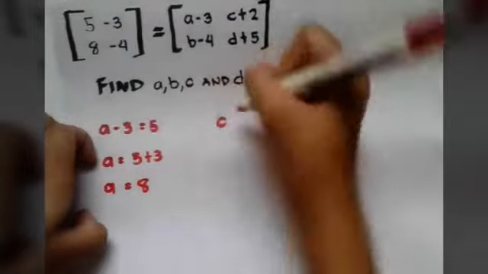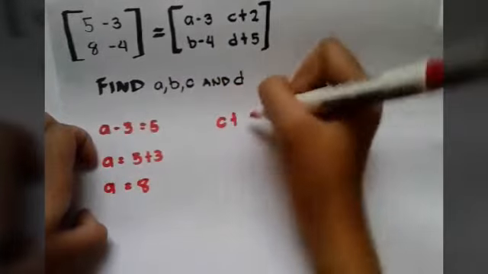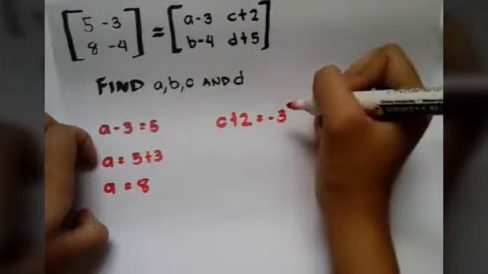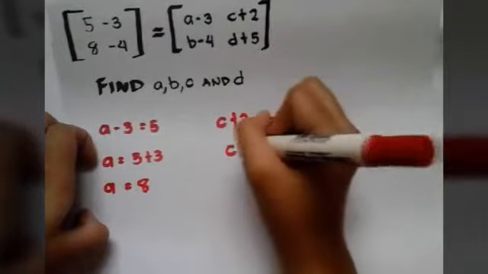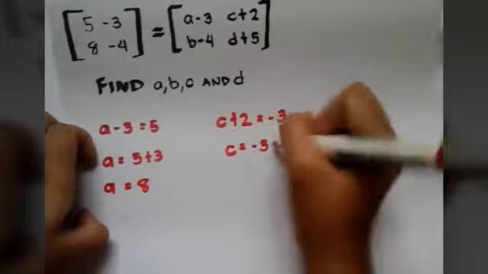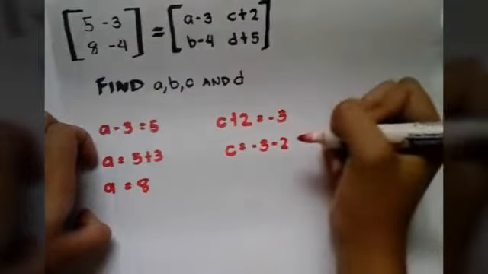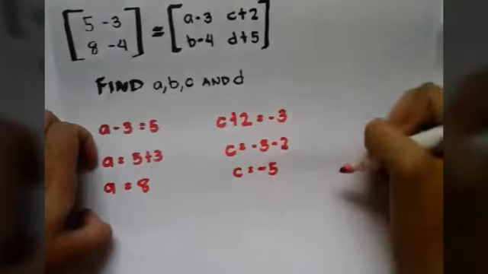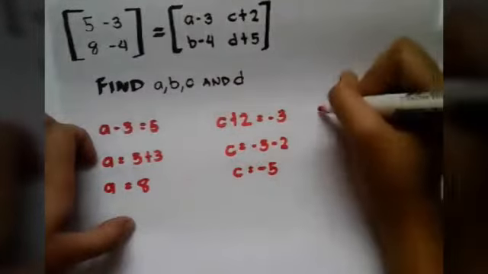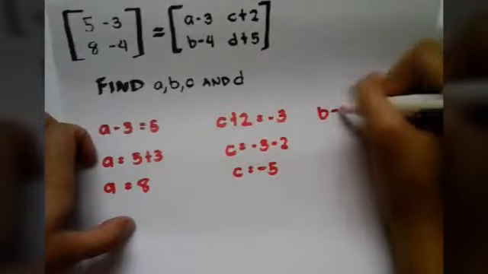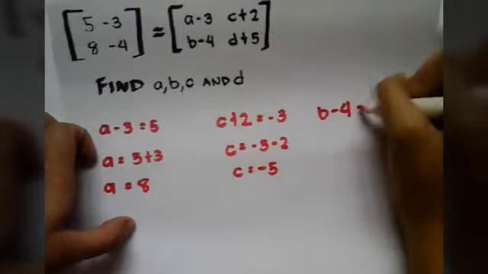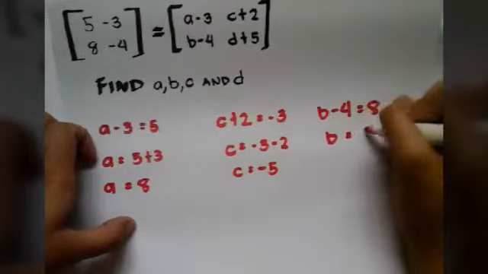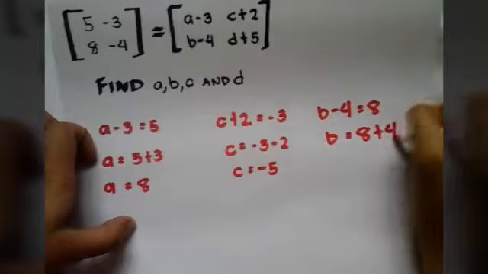Then if c plus 2 is equal to negative 3, it will be c is equal to negative 3 minus 2. So the value of c is equal to negative 5. And if b minus 4 is equal to 8, this will be b is equal to 8 plus 4.